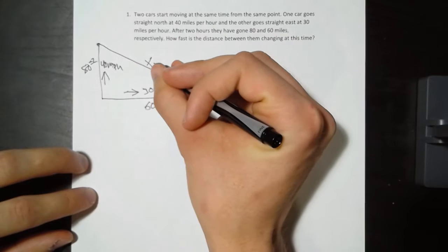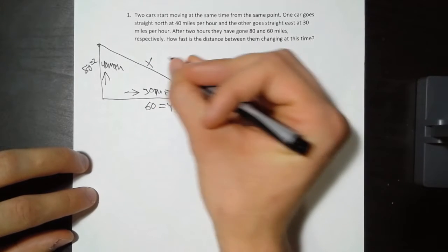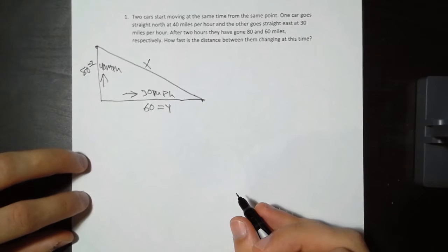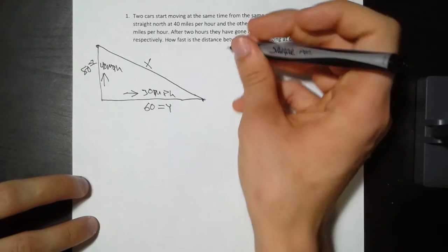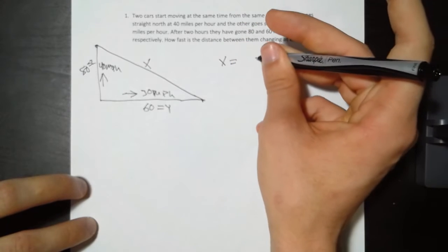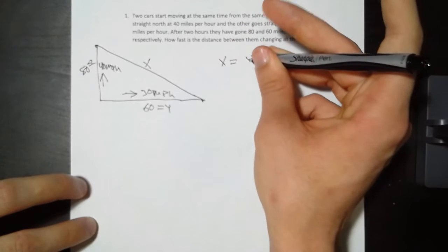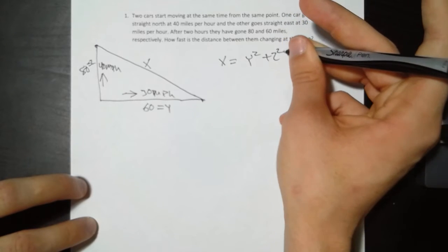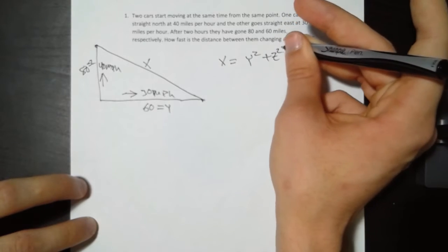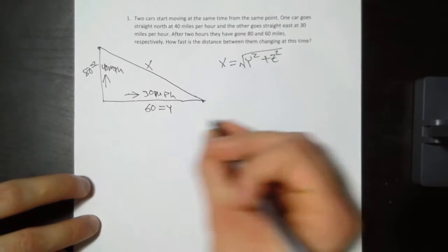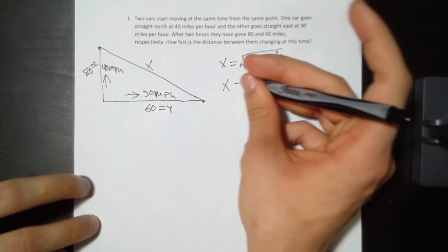We need to find the derivative of x. So first we need to figure out what x is. And we have x equals the square root of y squared plus z squared. And we're going to plug in both of our variables.